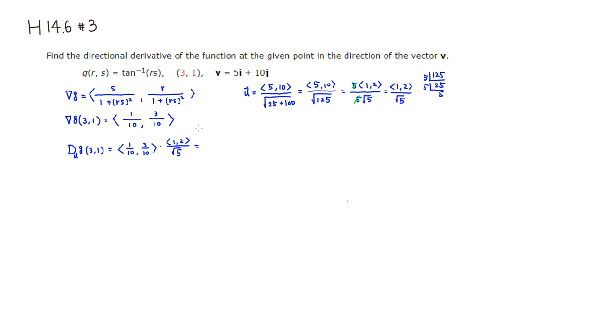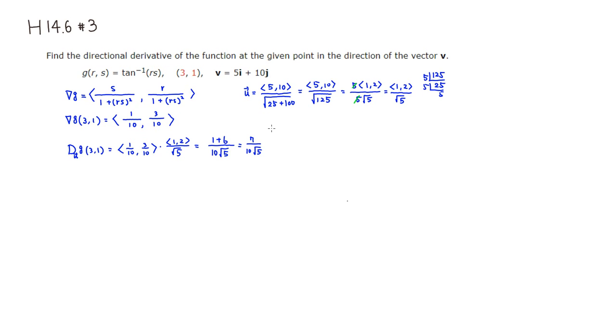So I'm going to just go ahead and multiply 10 and the square root of 5. And 1 times 1 is 1, plus 3 times 2 is 6. So this is just going to be 7 over 10 square root of 5.